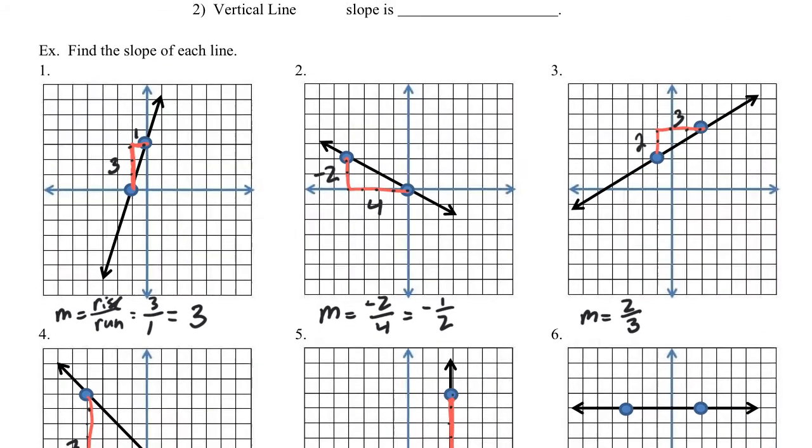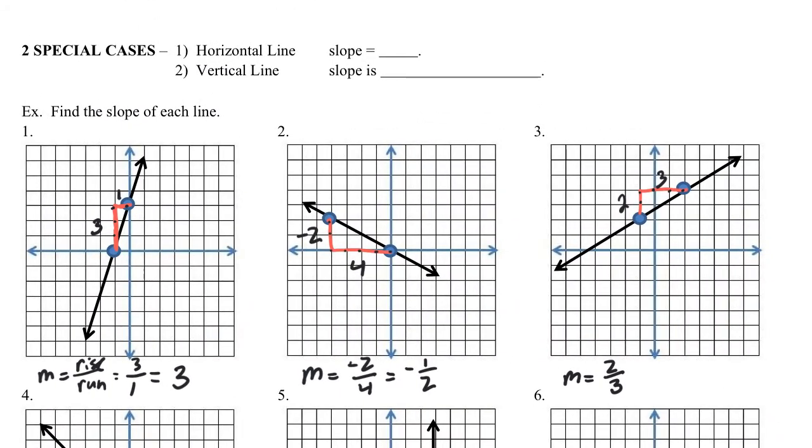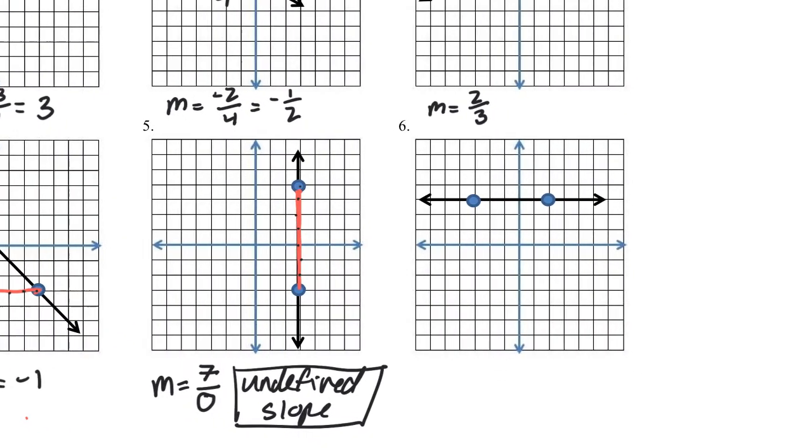So for all of our vertical lines, the slope is going to be undefined. It doesn't matter where on the coordinate plane it is, if it's vertical, it'll always have no run, so it'll always be an undefined slope.